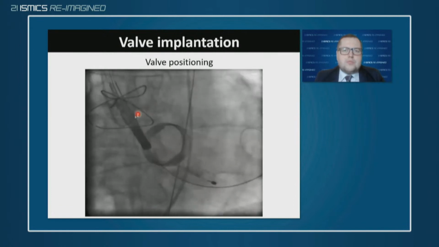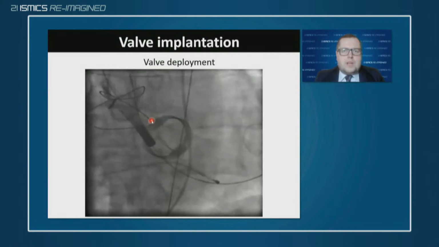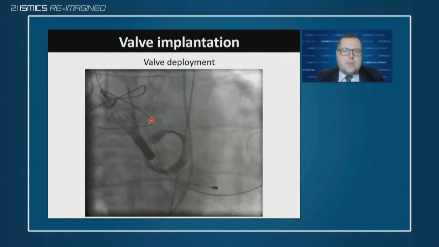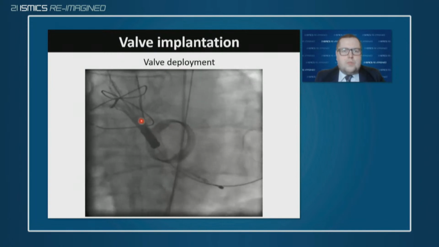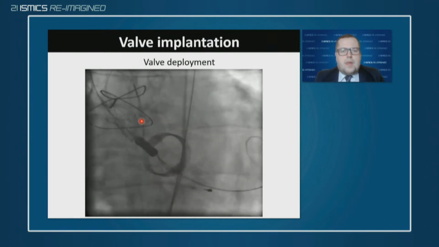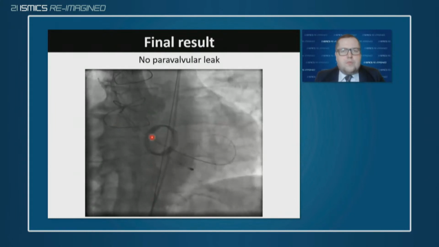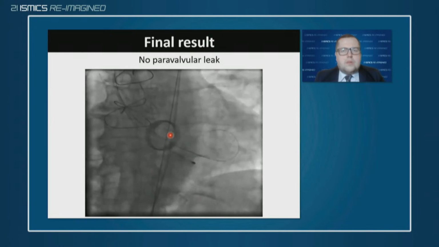The valve marker should be put at the end of the pigtail. After proper positioning, we started deploying the Accurate Neo valve. When stable position was achieved, we removed the pigtail and deployed the valve. After valve deployment, we observed that the valve fully expanded. We did not observe any paravalvular leakage.